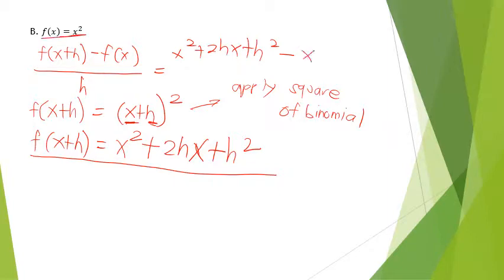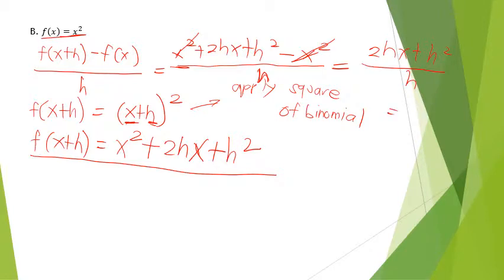Minus x squared all over h. Okay, simplify yung numerator. Combine like terms. Hanap ng x squared. Okay, x squared minus x squared. Cancel. Dahil 0 na yun. So, wala na. 2hx plus h squared na lang. Okay, sulat. 2hx plus h squared all over h.